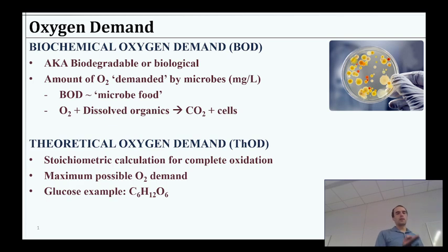So it gives us a pretty good handle. 5 days is kind of a long time to discern, okay, how much waste is still in the wastewater. So in that sense, it's not super ideal, but it works pretty well. And so we'll talk a little bit about potential alternates for that.